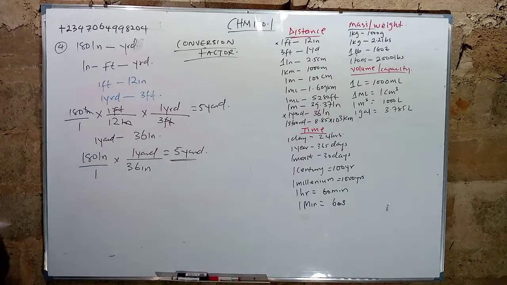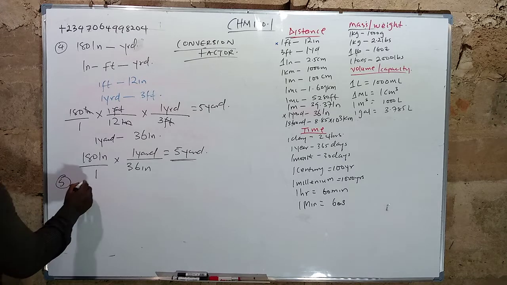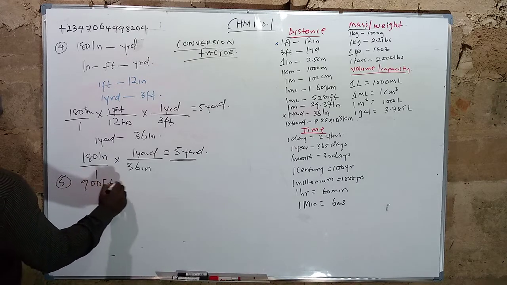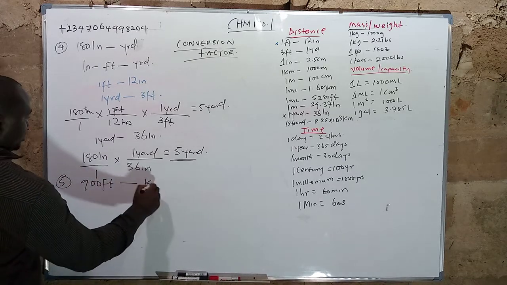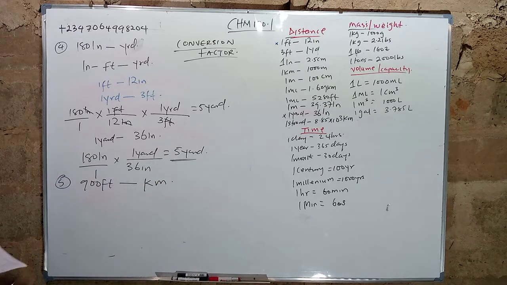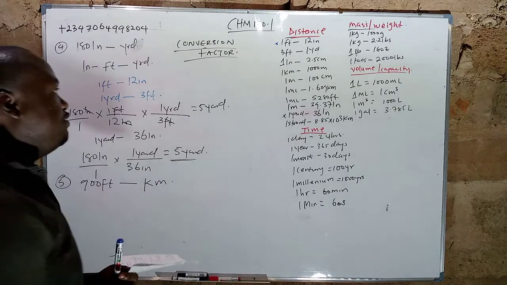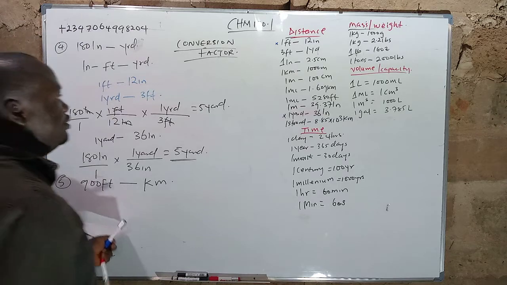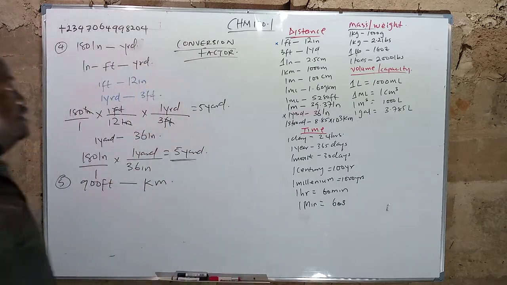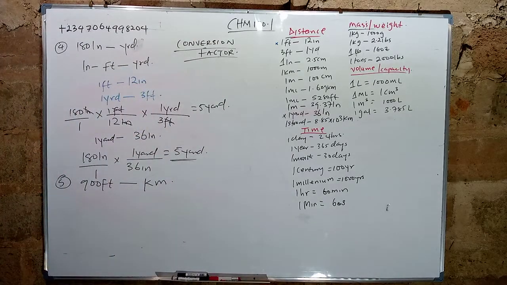An example is like here, number 5, where you have 900 foot, and I ask you to get it to kilometers. Now, with the formulas I just wrote here, there is no conversion that can take you from foot to kilometers. We don't have it here. But that means you have to use a 3-step conversion system to solve it. So first, you're going to move from foot to miles and from miles to kilometers.